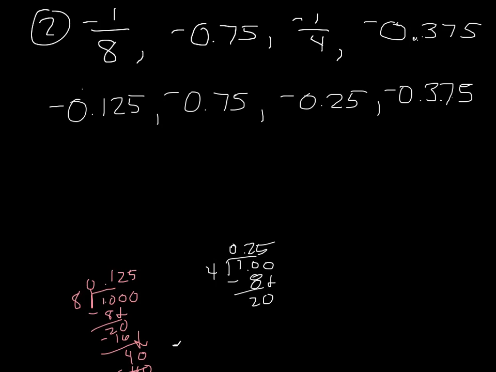Okay, so now what I like to do, because this really helps me visualize things better, is to order them and line them up with their decimal points. Okay, so if I do the first one, I'd have 0 and 125/1000ths, then I'd have 0 and 75/100ths, then I'd have 0 and 25/100ths, and 0 and 375/1000ths.